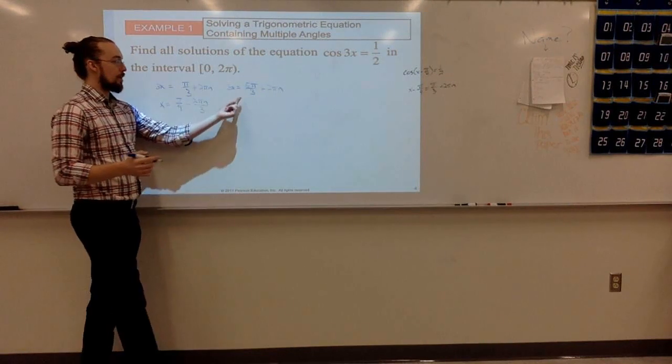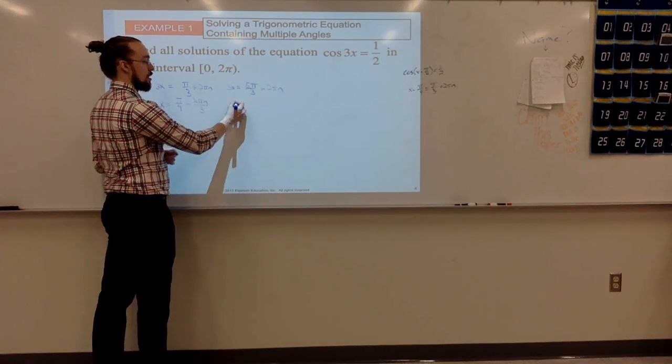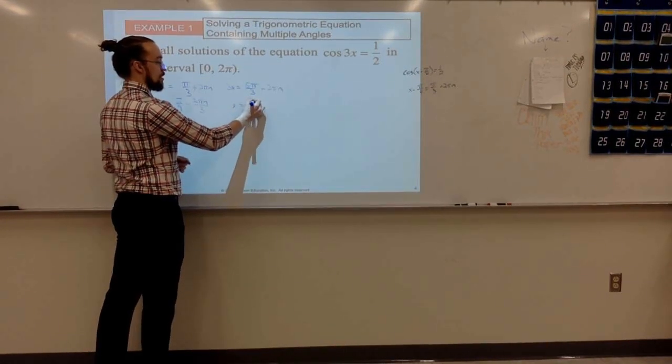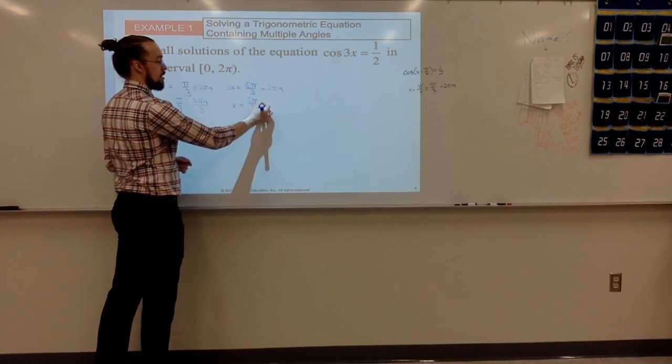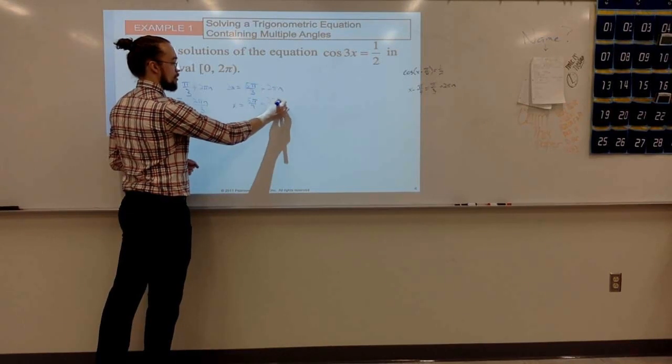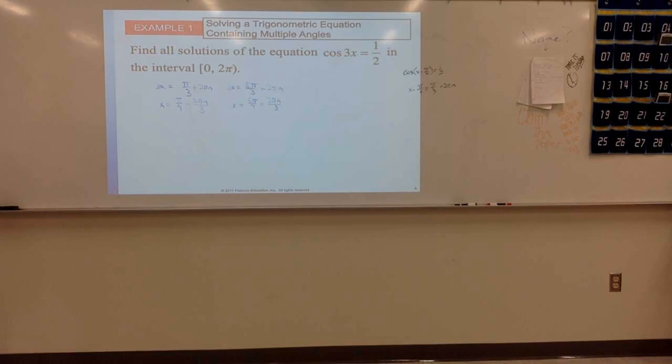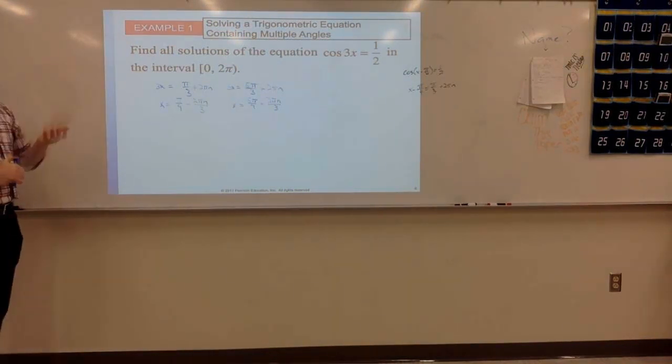Same thing over here. Divide both of these things by 3, and we will get x equals 5 pi over 9 plus 2 pi n over 3. So if the question asks us for all solutions, that'd be it. We'd be done.